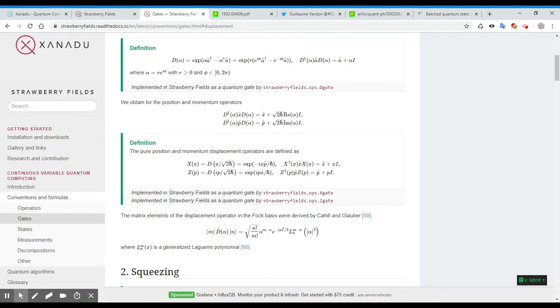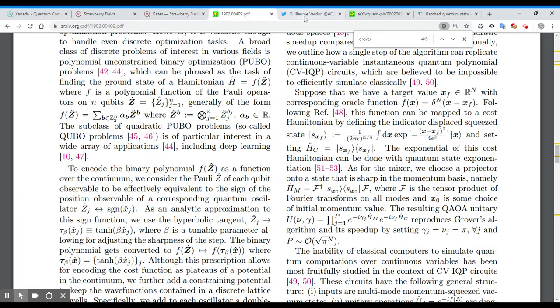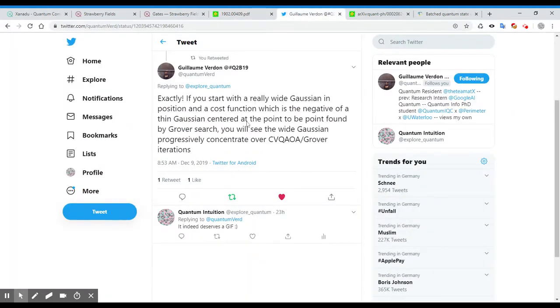But I would need to negate that if I understand this. Start with a really wide Gaussian, so the starting point is a different thing, centered at the point to be found by Grover's search. You will see the cross section is the negative of a thin Gaussian centered at the point.